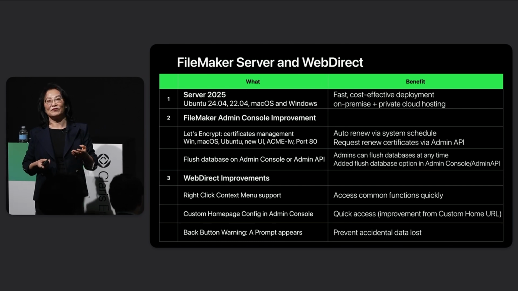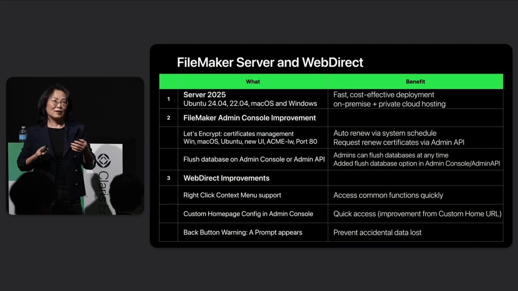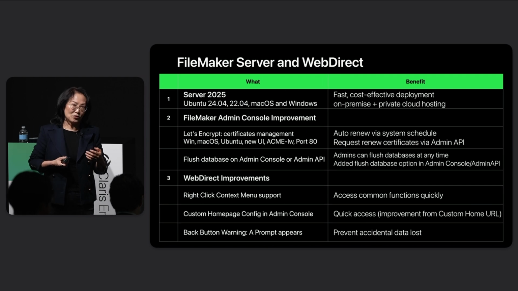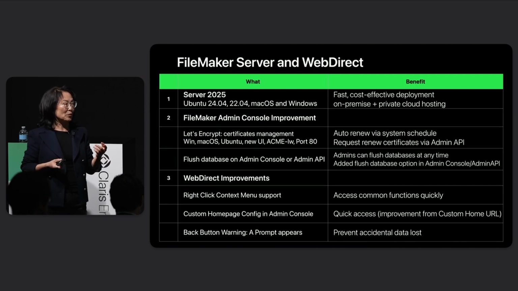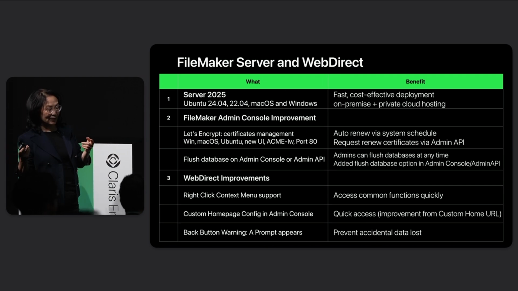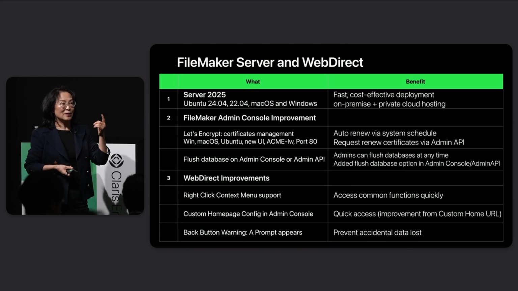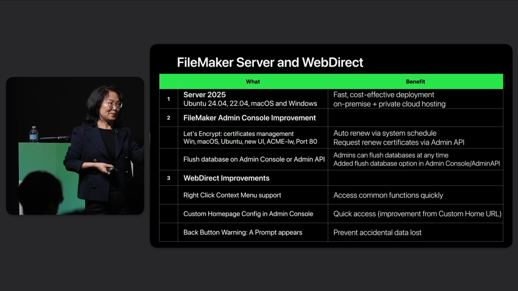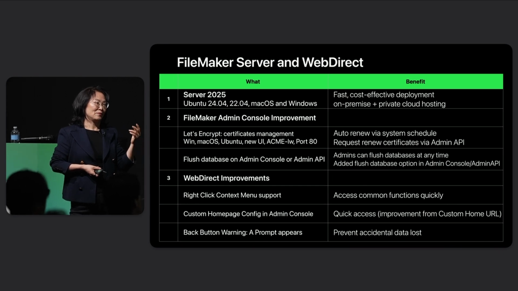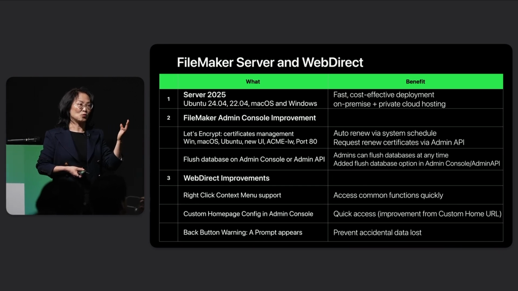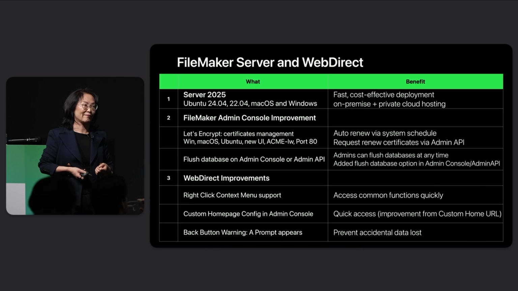This gives you a fast, cost-effective deployment alternative. For both on-premise and private cloud hosting, just like expanding a two-lane road of Mac and Windows, we add a third lane, that is Ubuntu Express.